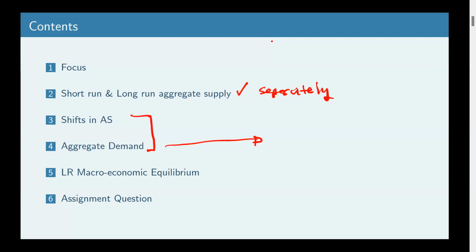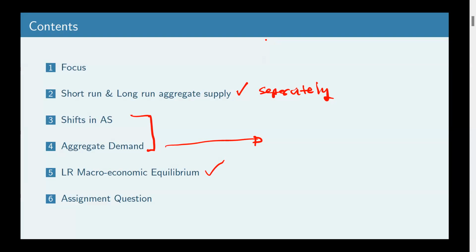So I want you to understand them separately, the aggregate demand, the aggregate supply side. Then we bring the two pieces together. We establish a what? A long run or short run macroeconomic equilibrium. Okay, so pay close attention.